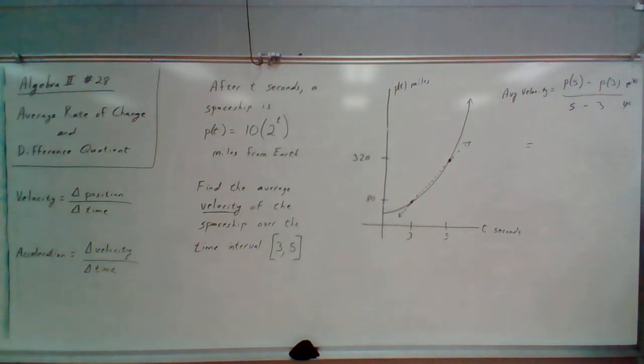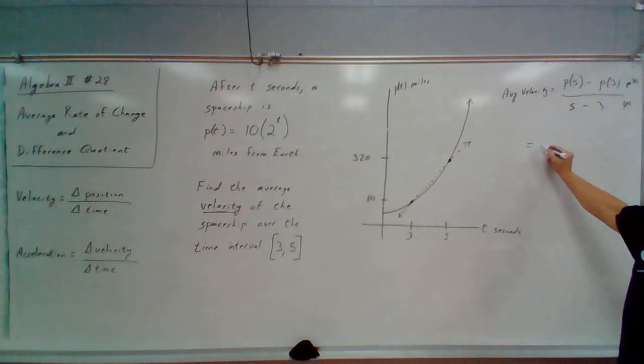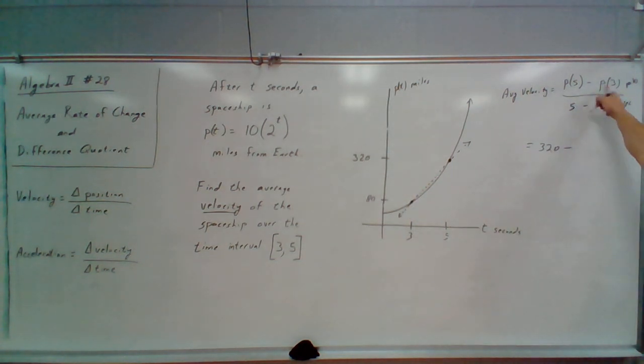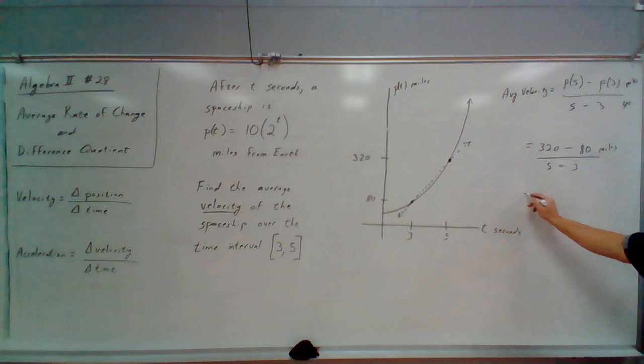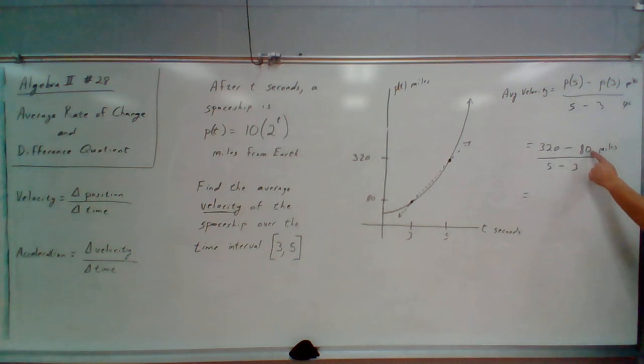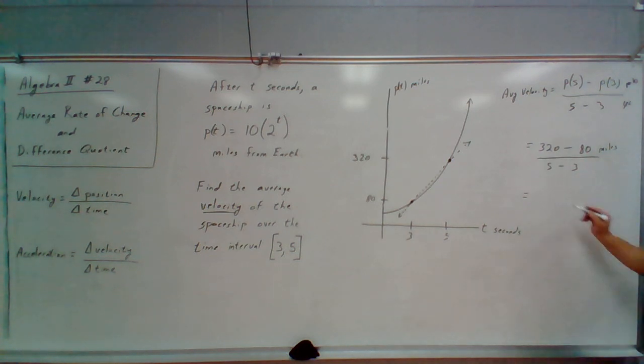All right, so P of 5 is 320 minus P of 3 is 80, and that's miles. Down here I have 5 minus 3. I simplify that. 320 minus 80 is 240 miles over 2 seconds.